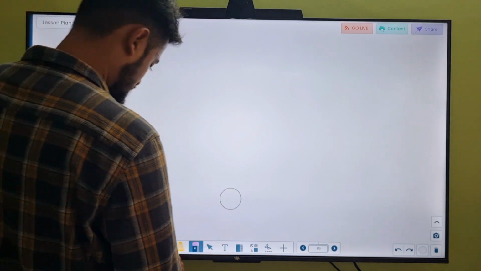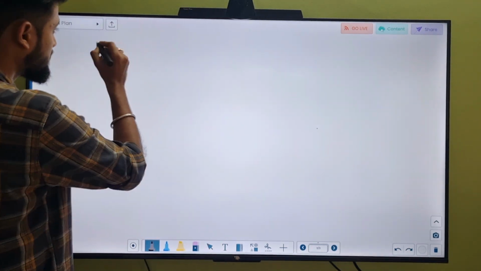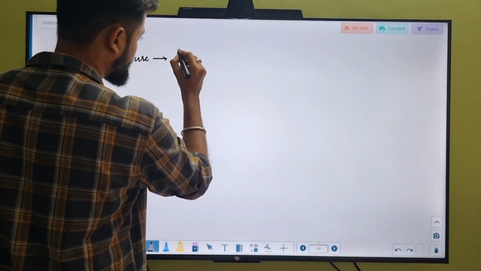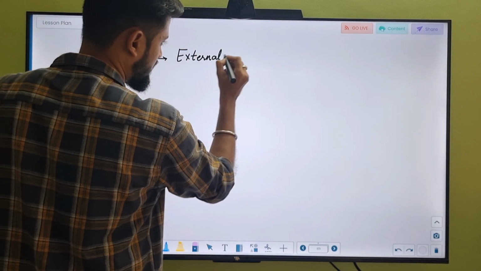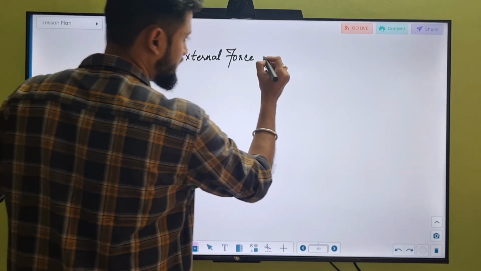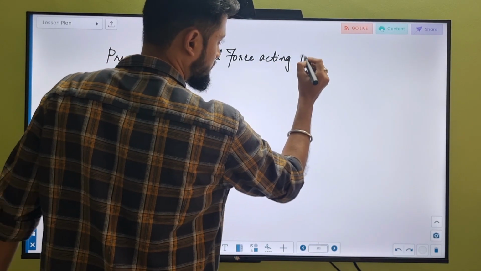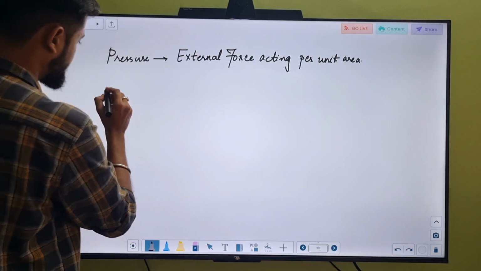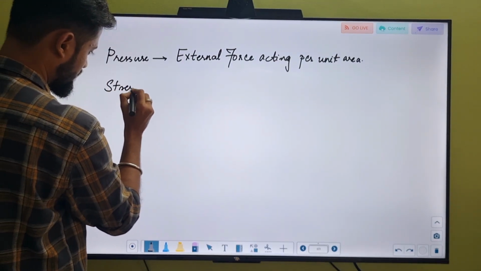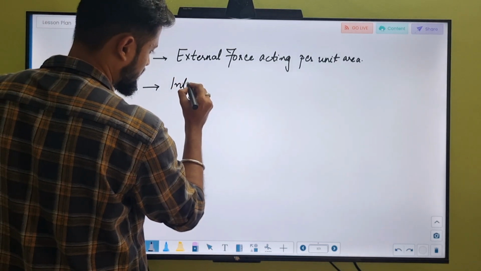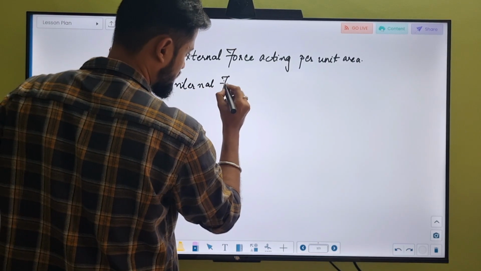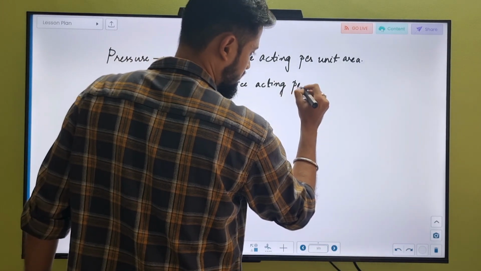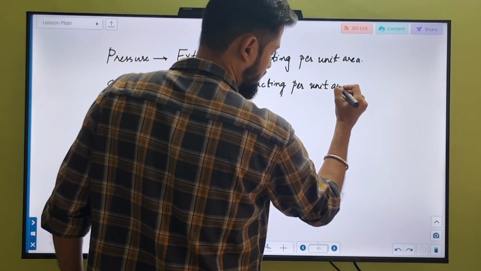So we can say that pressure is the external force acting per unit area, and stress is the internal force acting per unit area.